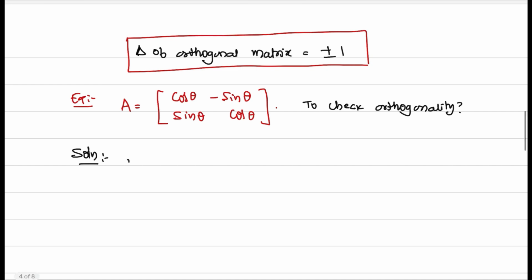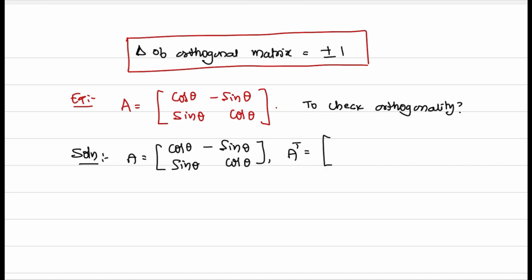A is equal to cos theta, minus sin theta, sin theta, cos theta. Then what is A transpose? The first column becomes the first row, that is cos theta, sin theta, and the second column becomes the second row, minus sin theta, cos theta.